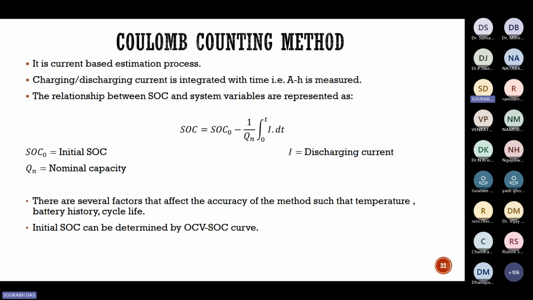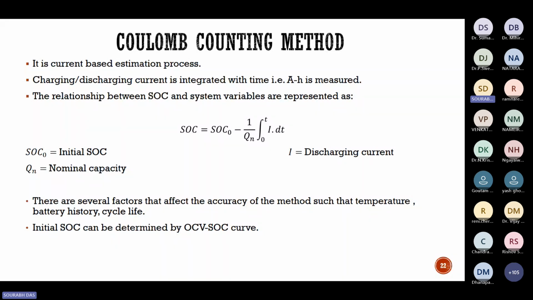So the relationship is shown: SOC equals SOC naught minus 1 by Qn, integral from 0 to t of I dt. Here I is the discharging current, so positive I is the discharging current, SOC naught is the initial SOC, and Qn is the nominal capacity.